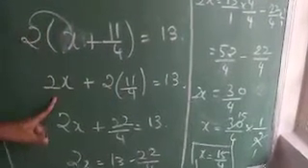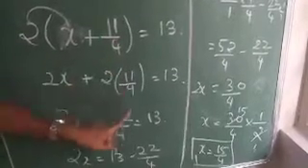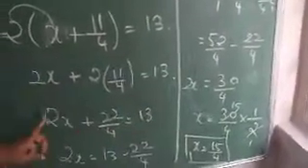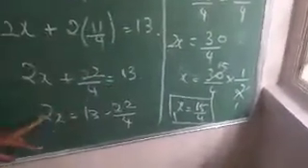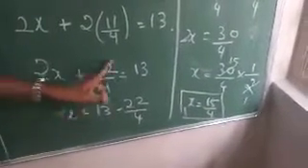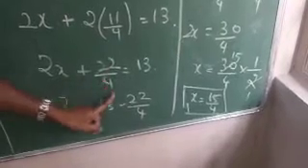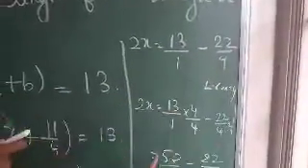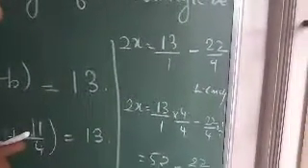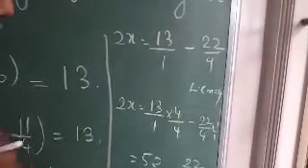So 2 into x is 2x, 2 into 11 by 4, and you keep 13 as it is. See here 2x plus 2 into 11 is 22 by 4 is equal to 13. So 2x is equal to, here you have to shift this 22 by 4 to the RHS. So plus becomes minus. So 13 minus 22 by 4. If you take LCM you will get the final answer as 2x is equal to 30 by 4.